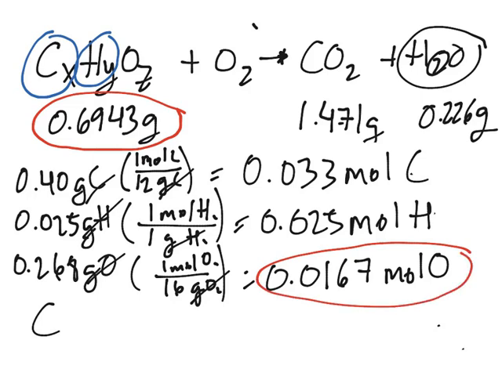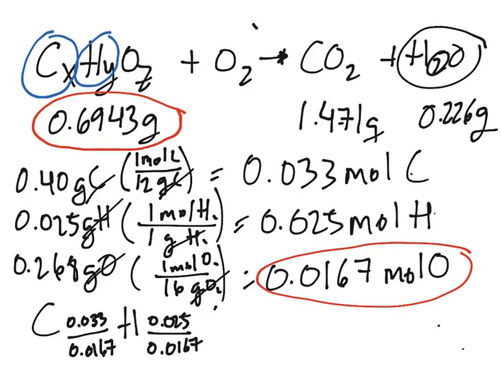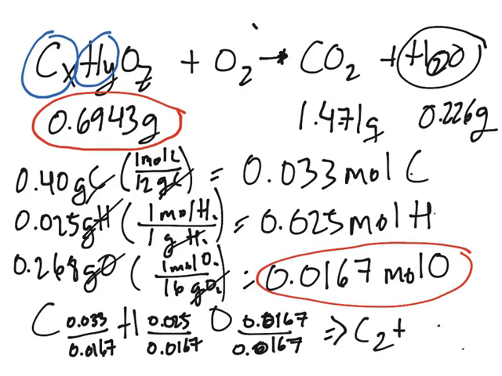So we divide by the lowest, in this case the moles of oxygen. Carbon is 0.033 over 0.0167, hydrogen is 0.025 over 0.0167, and finally oxygen would be 0.0167 over the same, giving us 2 here, 1.5 here, and 1 here.